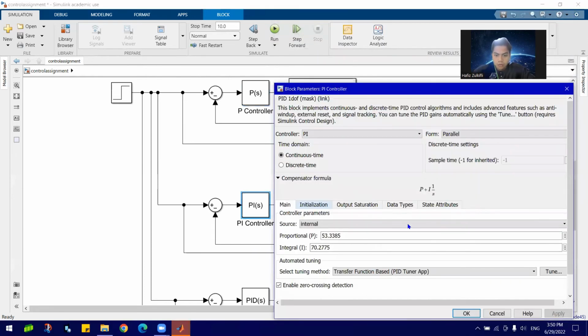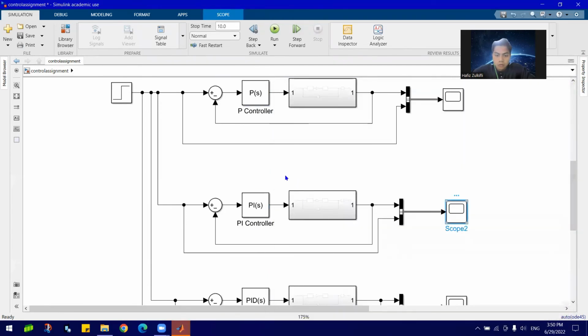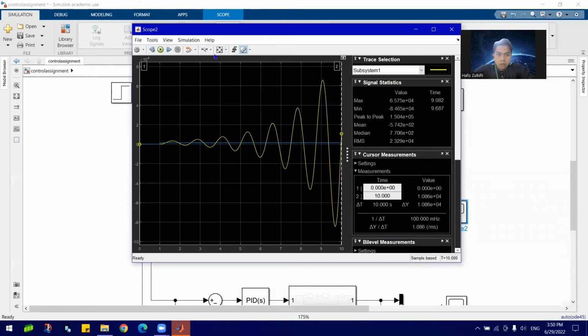Same as the PI controller, the proportional and the integral values came from the table from the manual calculation. Insert the values, then view the signal. So as we can see here, this is the PI controller signal response.